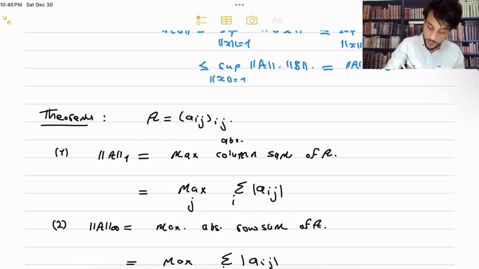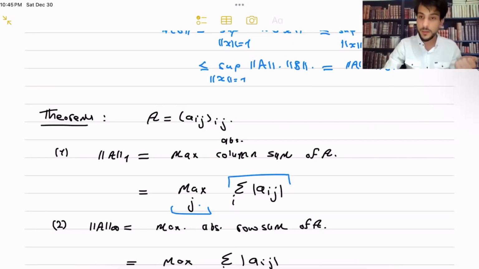So over here, we're fixing a row and considering its sum, and then we get a number. And then we do that for every row and we take the maximum over these.